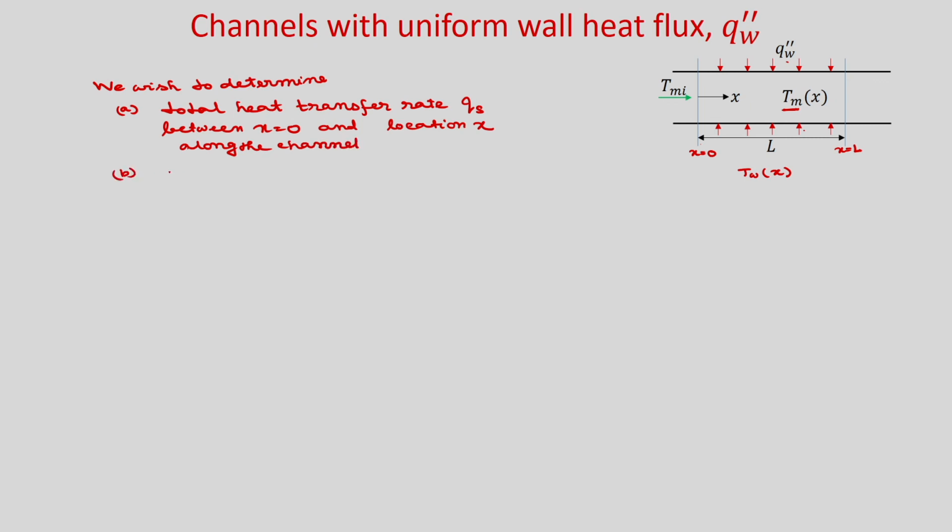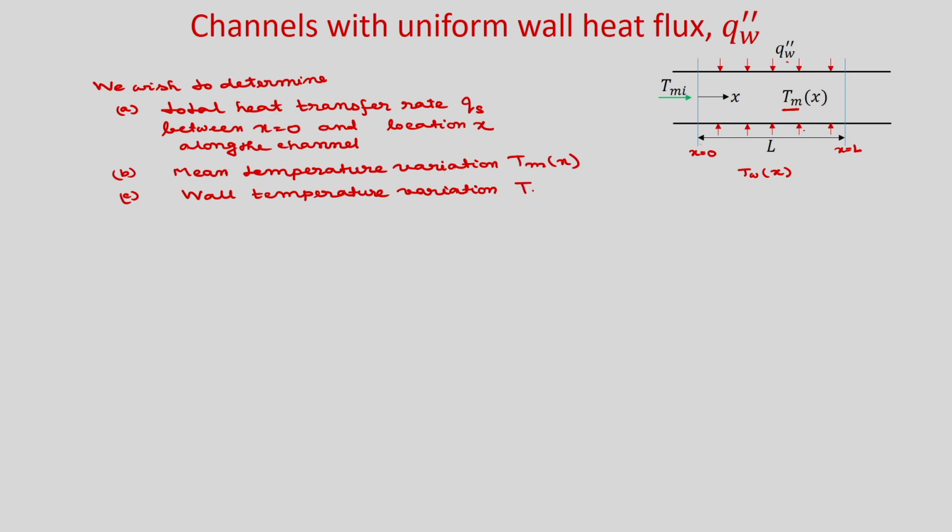Then we want to find the mean temperature variation. This mean temperature is also known as the bulk mean temperature variation, which will be a function of x, and also in this case we will see the wall temperature variation, Tw, which will be a function of x.